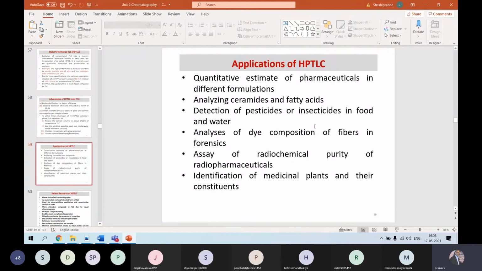So there are several application areas where HPTLC finds use now.